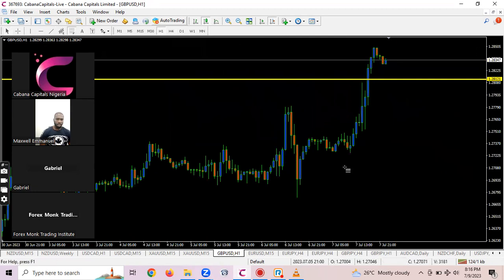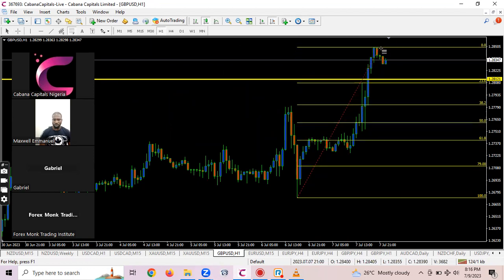So we'll apply Fibonacci from this level to this level. This is a discount. So we should expect price to pull back to level 50. Is that level 50 a key level?